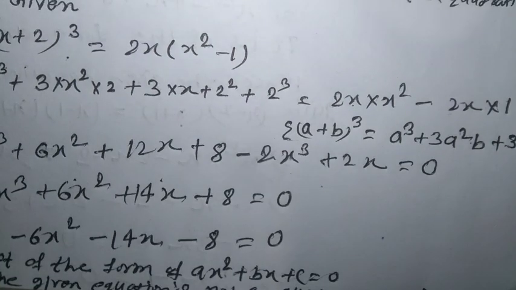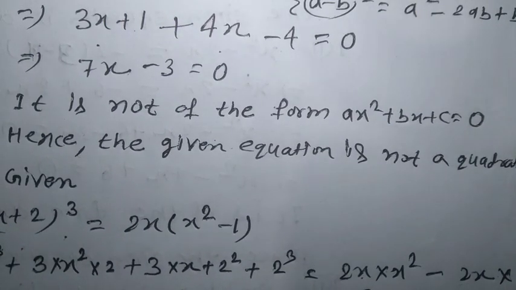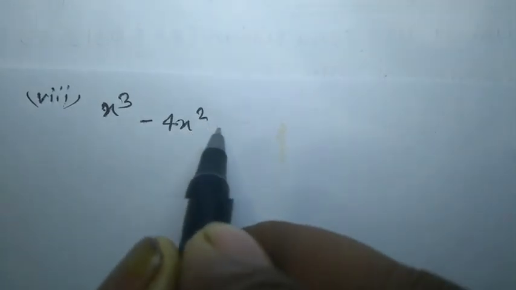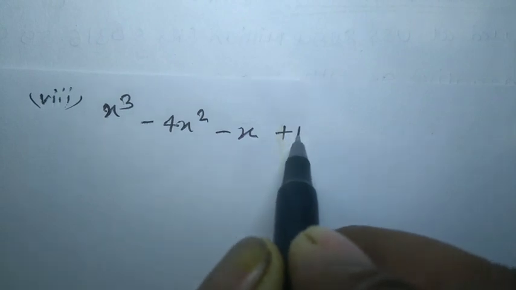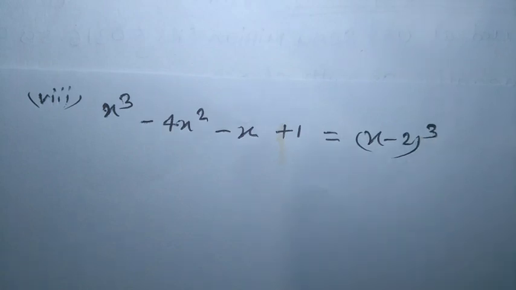Now the last question of question number 1 is question number 8. Question number 8 is x to the power 3 minus 4x square minus x plus 1 is equal to x minus 2 the whole cube.